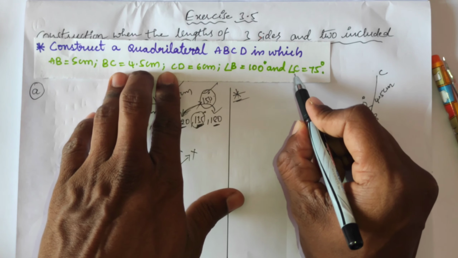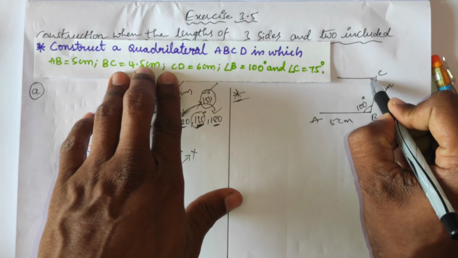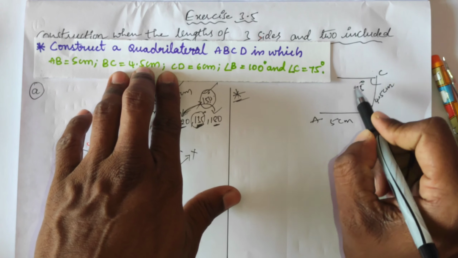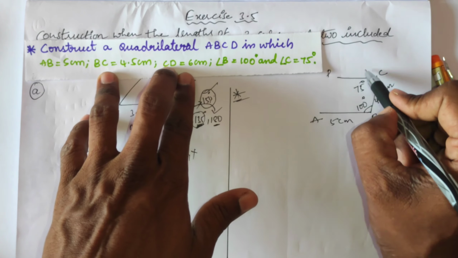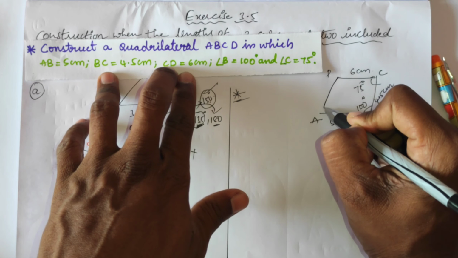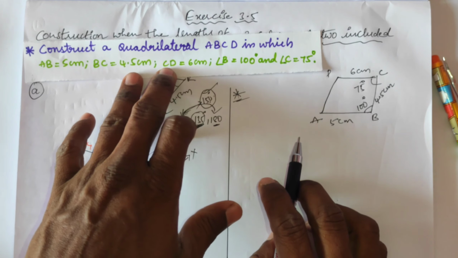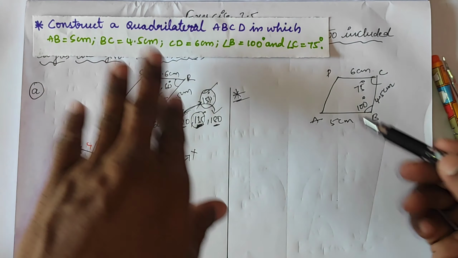And angle C is given as how much here? 75 degrees. And CD is given as how much? 6 centimeters. And at last simply join D to A, you will get the required quadrilateral ABCD. Okay, so this is a rough sketch.